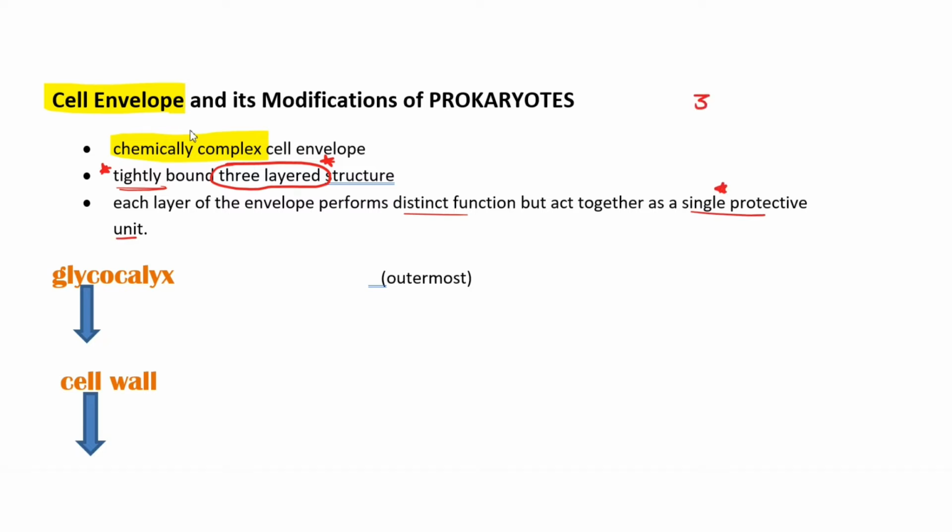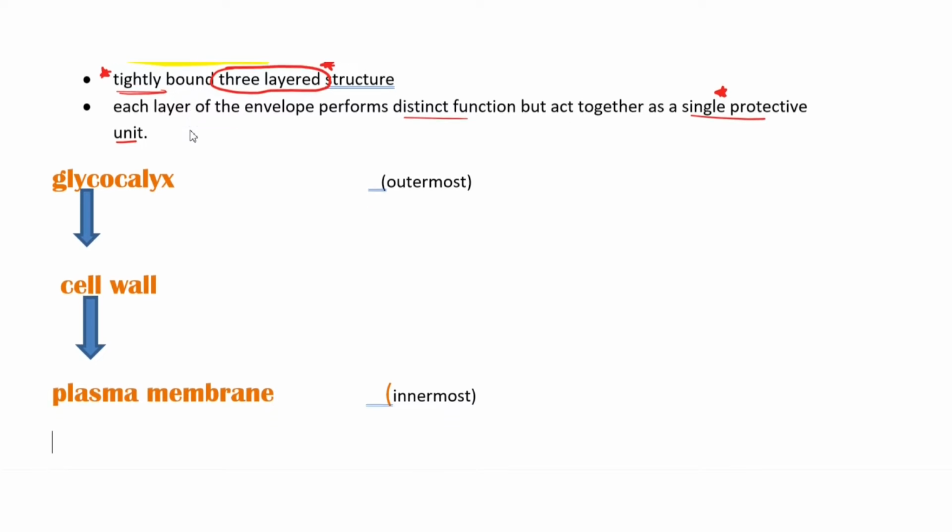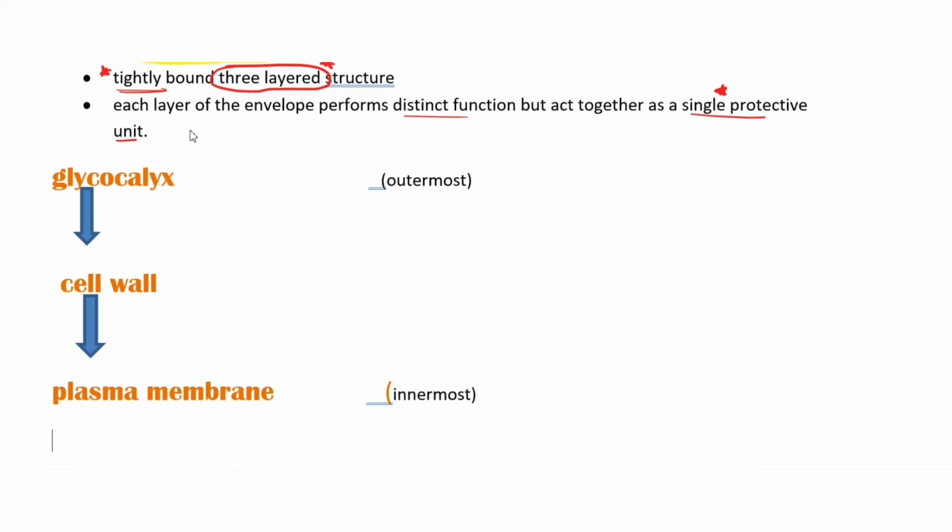However, they act together as a single protective unit. So we call all the three layers together as one envelope for the cell. Let's look at what the three layers are.